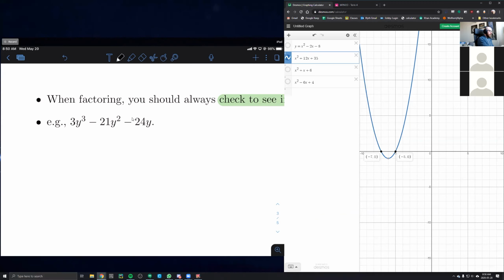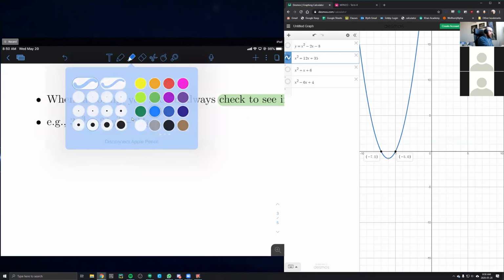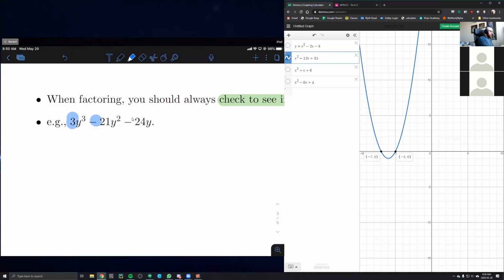So in order to figure out what we can common factor, let's first look at the numbers here. What's the greatest common factor of 3, negative 21, and negative 24? Anyone?